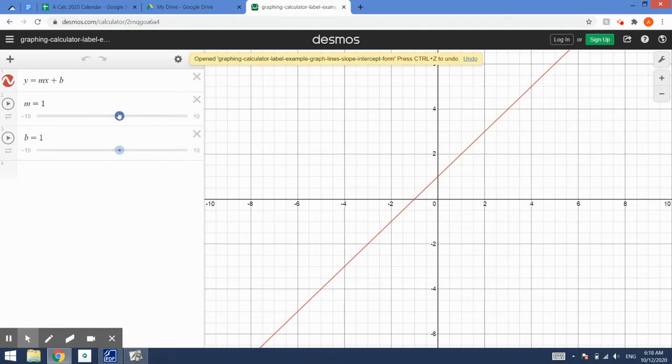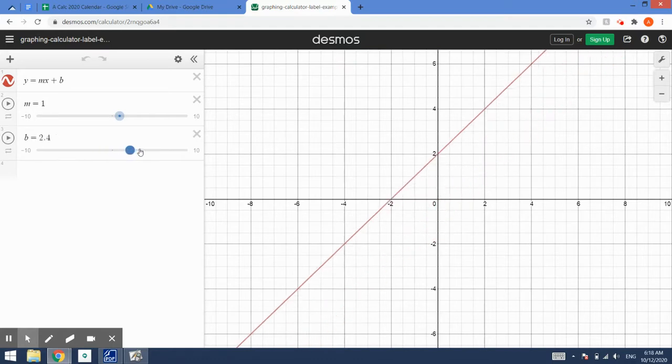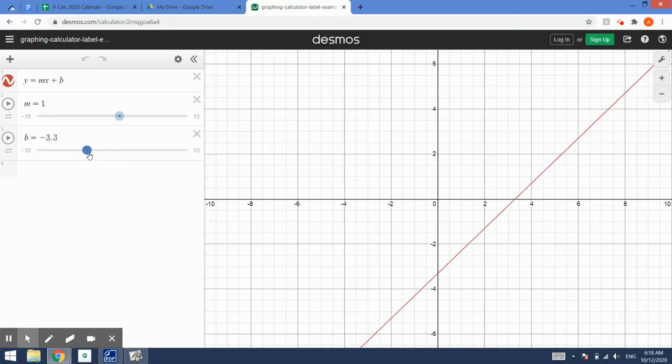But you have your b, which is your y-intercept. So where it crosses here, it crosses -2 or crosses +2. And then your slope is how steep everything is.